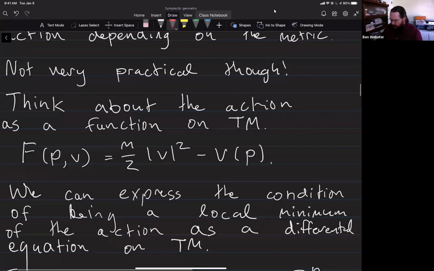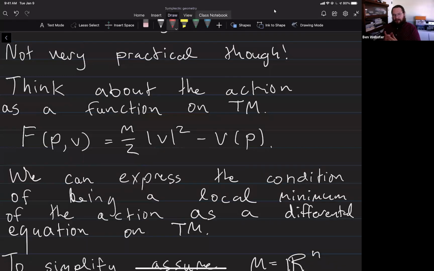And we can express the condition of what it means for a very short path to minimize action in a more local way. It looks more like the differential equations you might think about, a bit more like Hamiltonian mechanics: I'm at a point, I know what my position is, what my velocity is, and this mathematical process tells me, okay, this is the way you go.